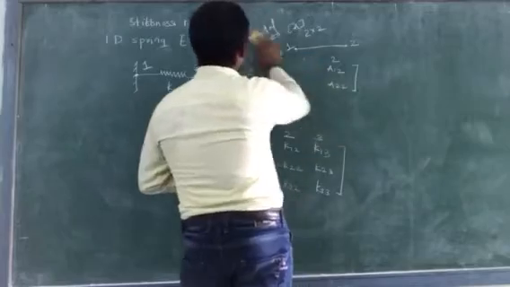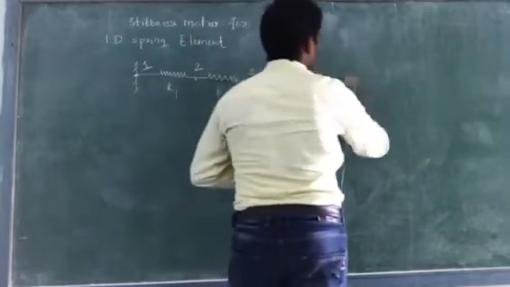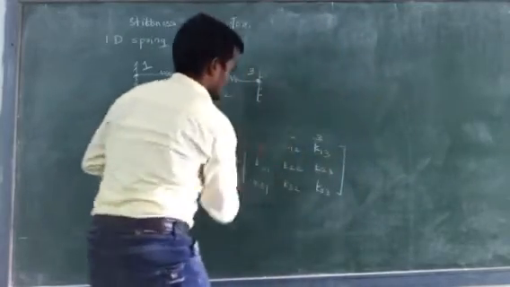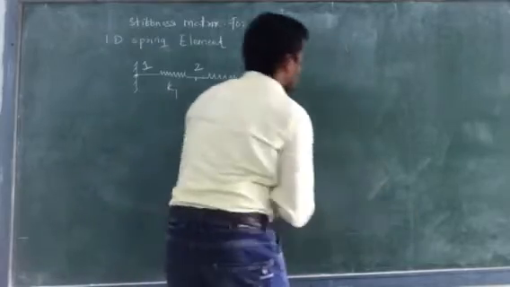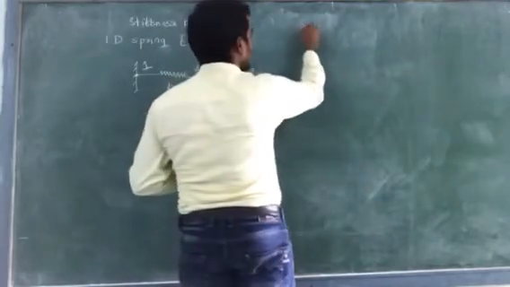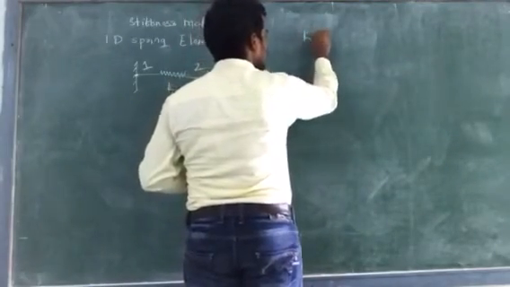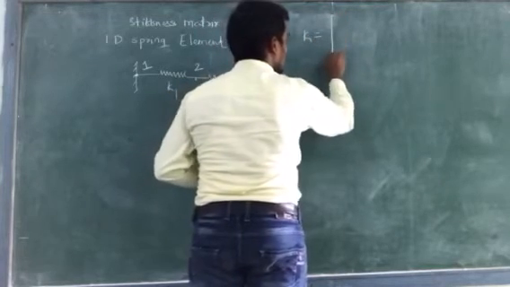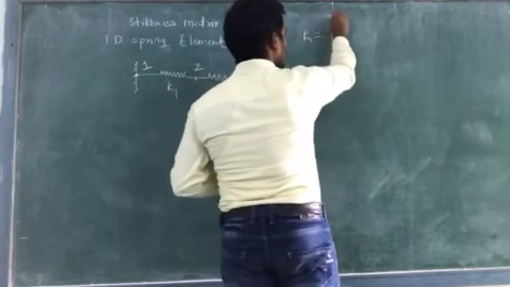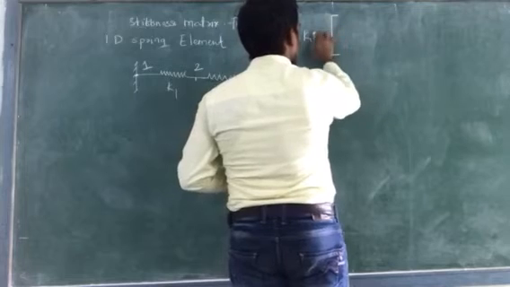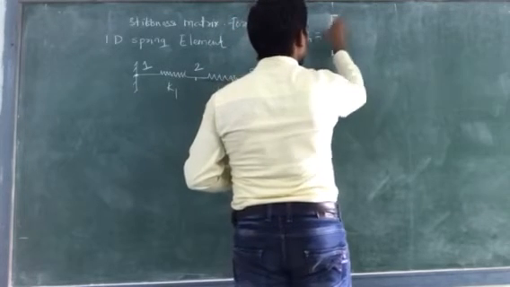Now we will construct our global stiffness matrix. Okay, I will write this global stiffness matrix here in the corner, because finally we are going to use this global stiffness matrix for constructing.